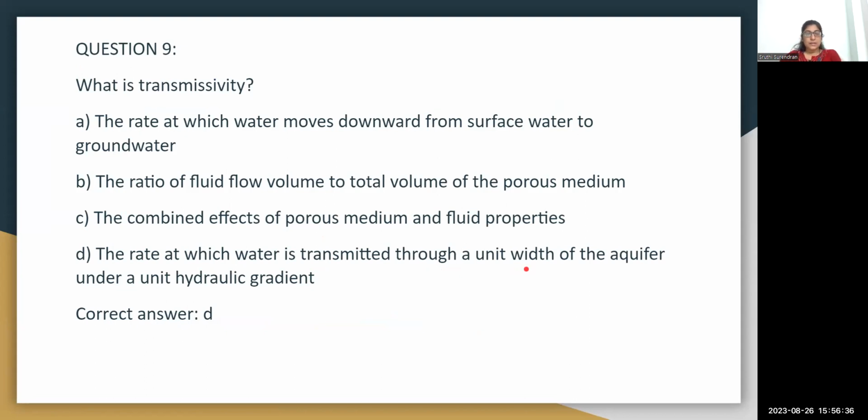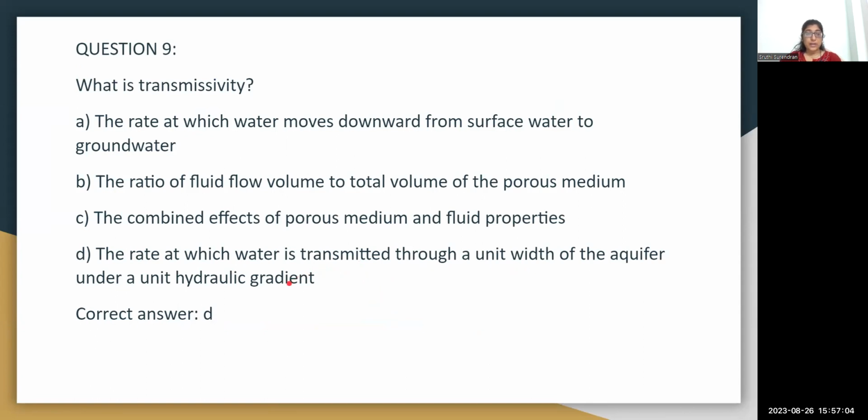So we know that transmissivity is equal to the product of the hydraulic conductivity and the thickness of the aquifer. Here they are saying the thickness or the width of the aquifer is 1, and the hydraulic gradient is 1. This question is a bit doubtful because they're talking about hydraulic gradient and not hydraulic conductivity.